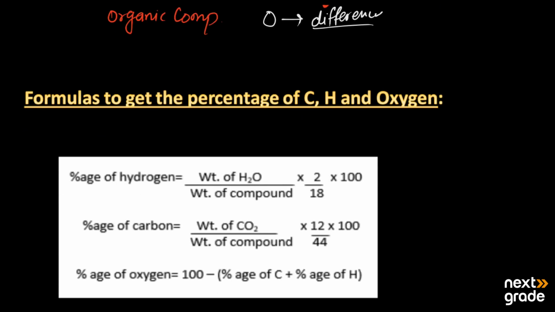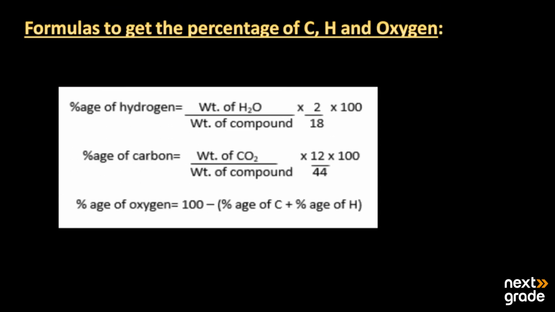Next, we have the different formulas that we can use to get the percentage of carbon, hydrogen and oxygen. To find the percentage of hydrogen, you must know the weight of water that gets absorbed and the weight of the total sample that we take at the start. Then multiply it by 2 and divide by 18.